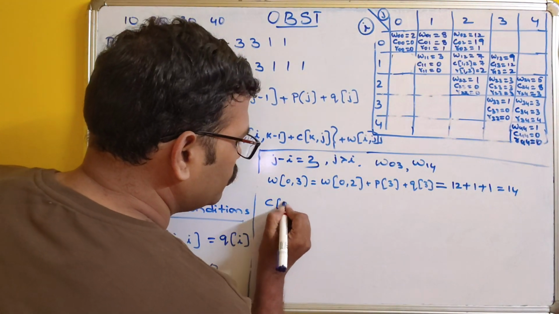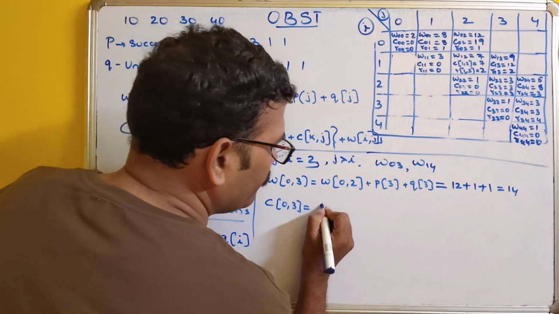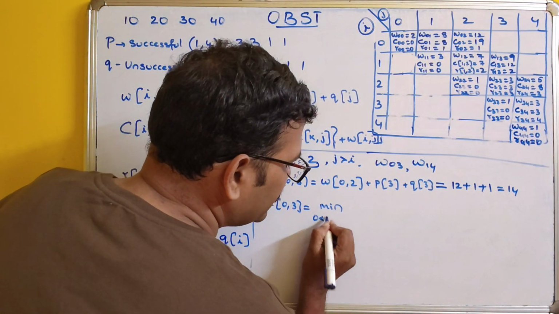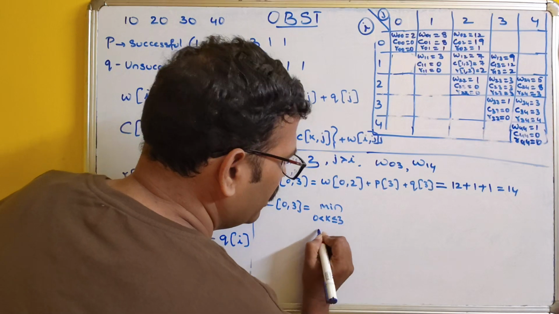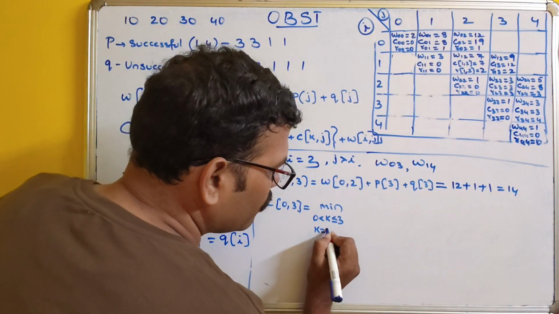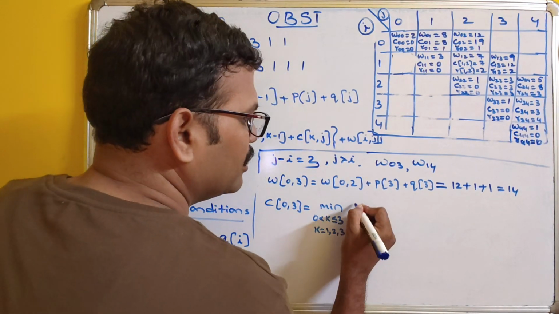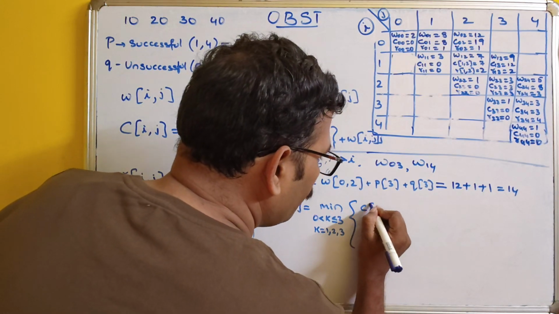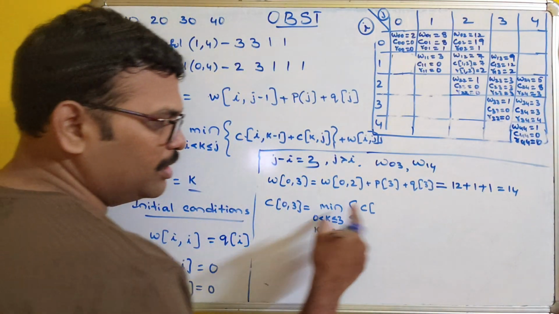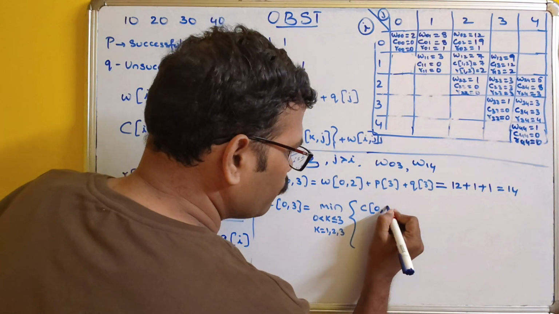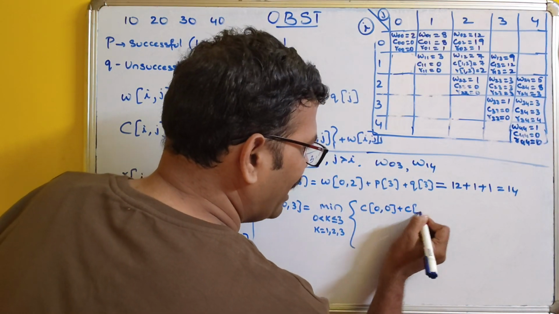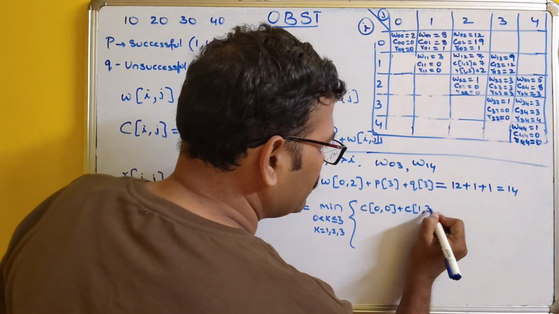And similarly C of 0,3, and here we are getting the minimum over 0 less than k less than or equal to 3, where k will be holding the values 1, 2 and 3. So we are getting 3 values. First case, consider k as 1: C of i, k minus 1, that is C of 0,0, plus C of k, that is C of 1,3.